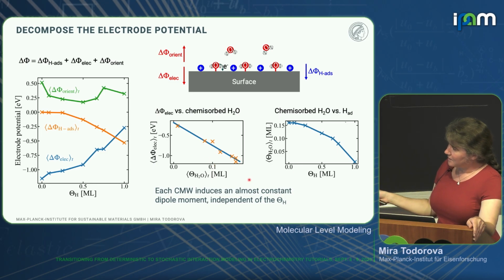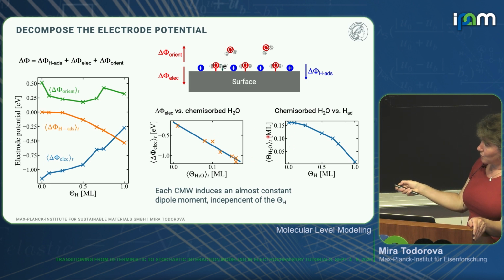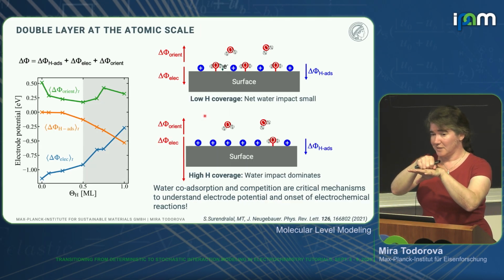What we also see is that as we increase the coverage of hydrogen on the surface, the average coverage of the water molecules goes down. So eventually when we go to 1 monolayer coverage of hydrogen, we don't have any water adsorbed on the surface. I should also mention that it's not like water comes to the surface and stays there.